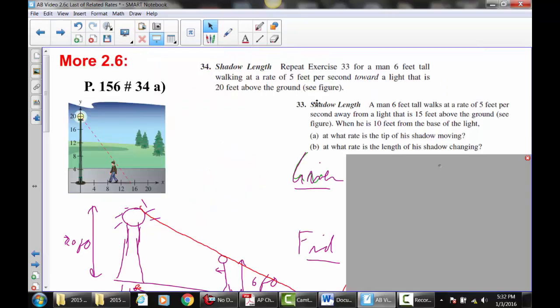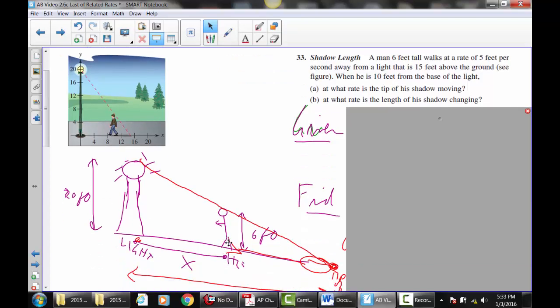Number 34a says repeat number 33. Here's number 33: you have a man 6 feet tall who's walking at a rate of 5 feet per second toward a light. Notice that in number 33, he is walking away from the light, but in our case he's walking towards the light, so the distance between him and the light is getting smaller and smaller.